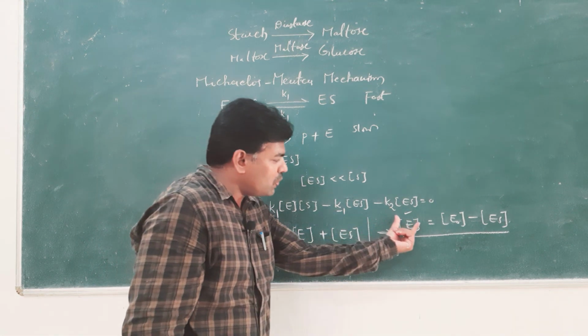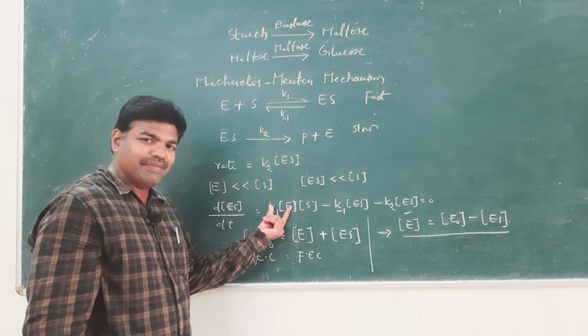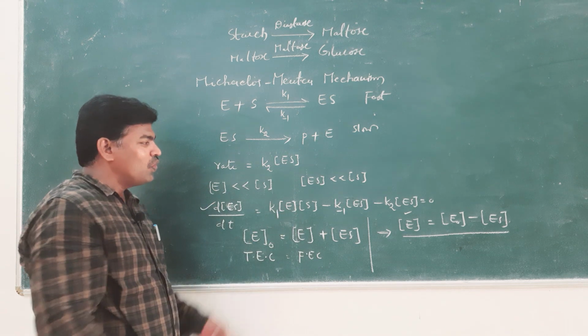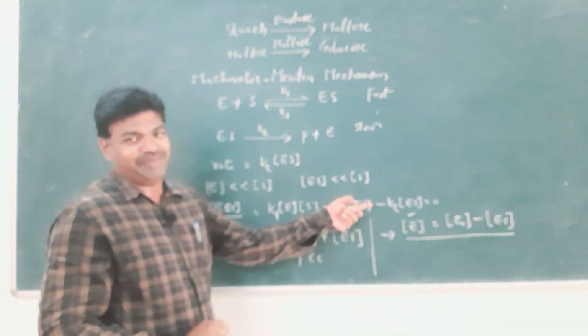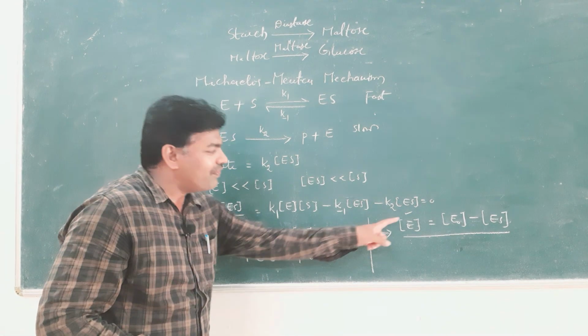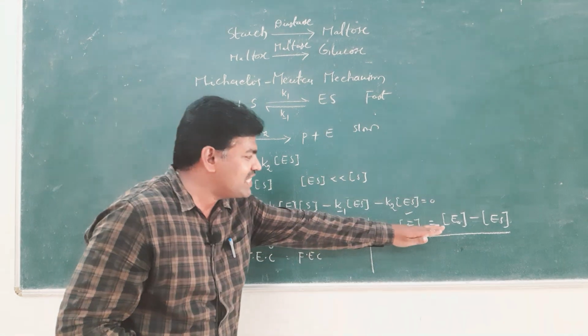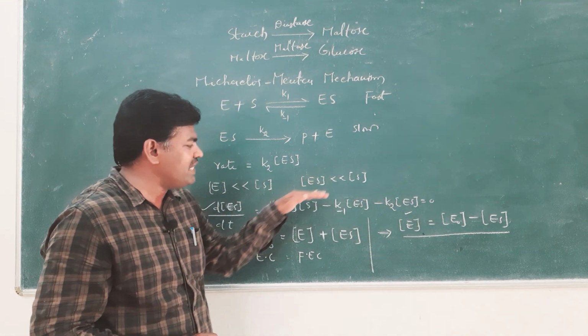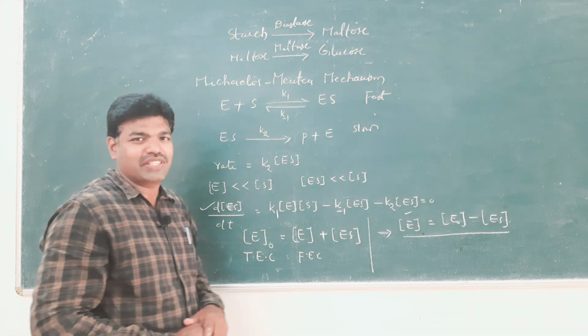When we substitute this free enzyme concentration in this equation, we get the enzyme substrate complex concentration, right? From this equation we get free enzyme concentration, and when it is substituted in the steady state equation, we get the enzyme substrate complex concentration.